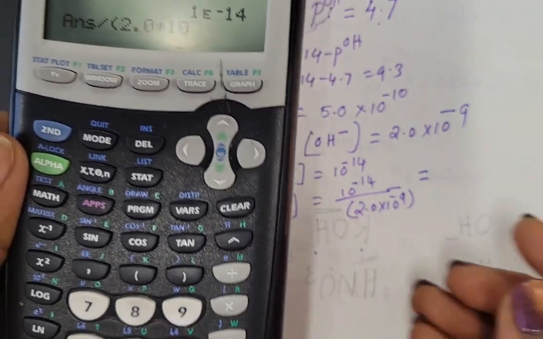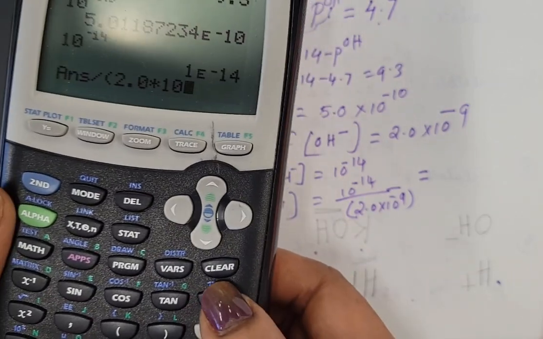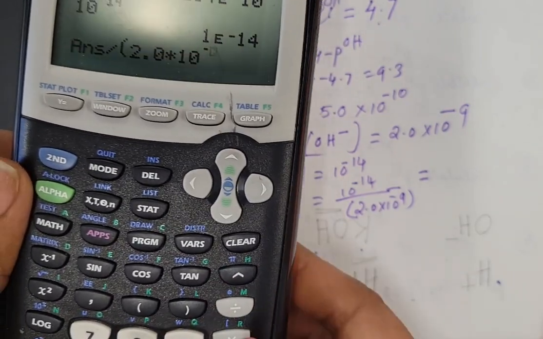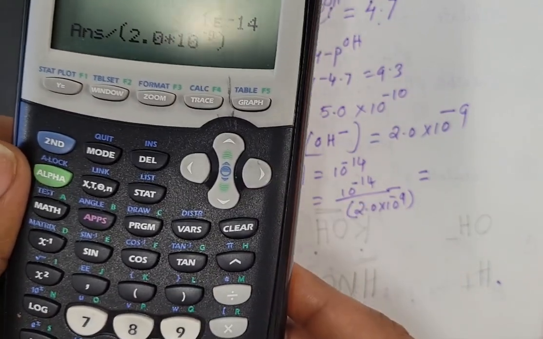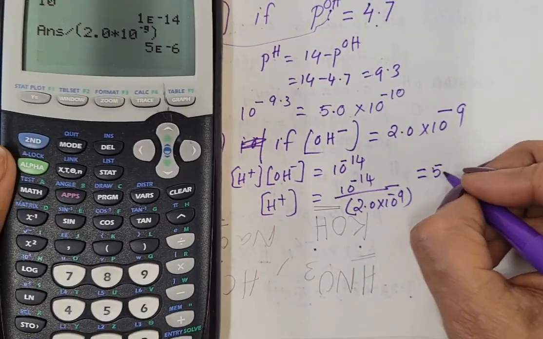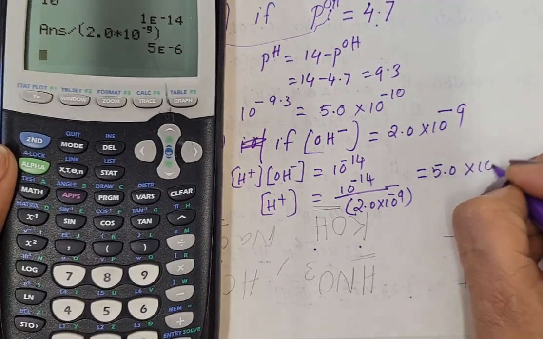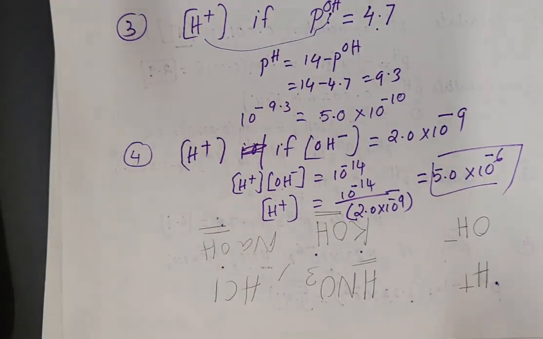You can do the calculation of exponents easily if you know that. Okay, close it. So you will get 5 e minus 6. So you can write 5.0 times 10 to the power of negative 6. Okay, that's it.